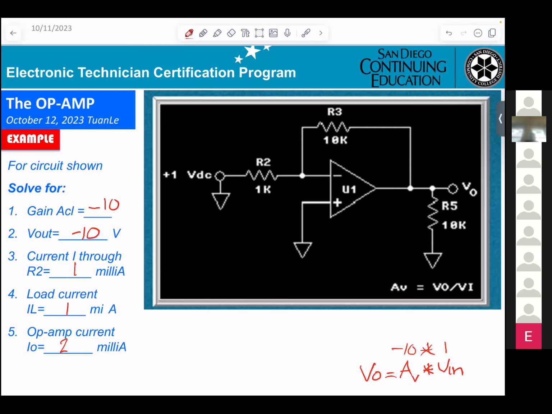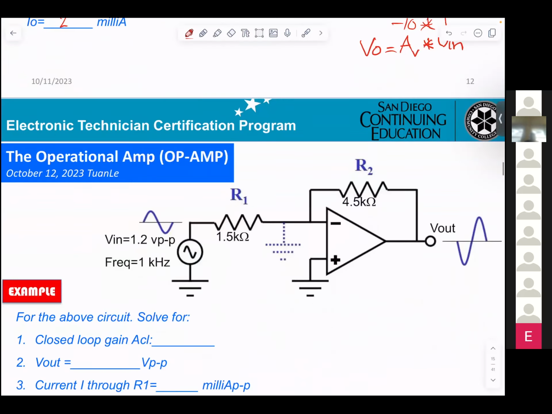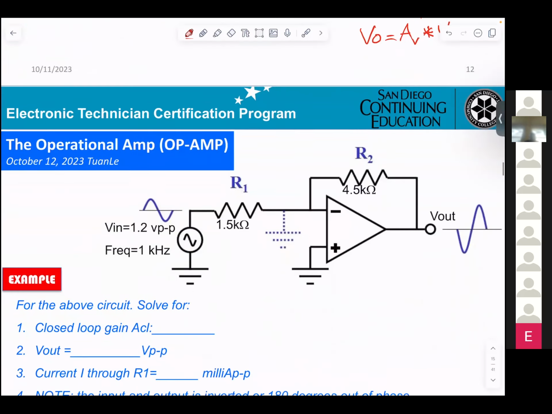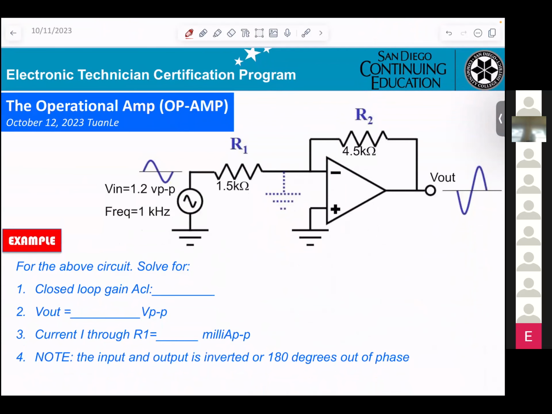Any question about this example? Okay, let's see. Now you try to finish this example for me.